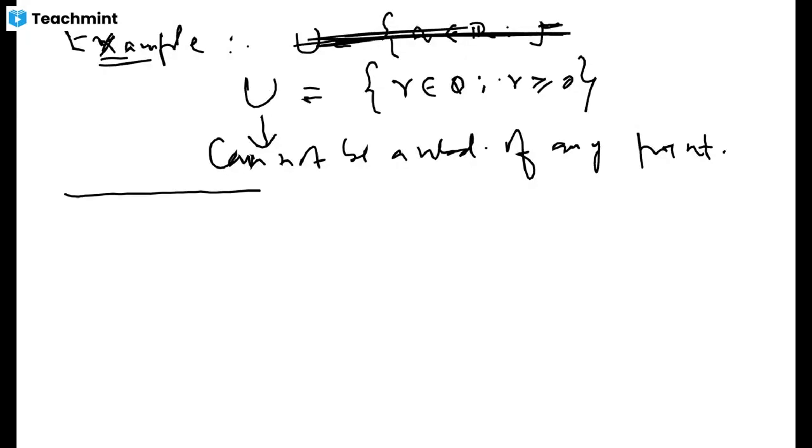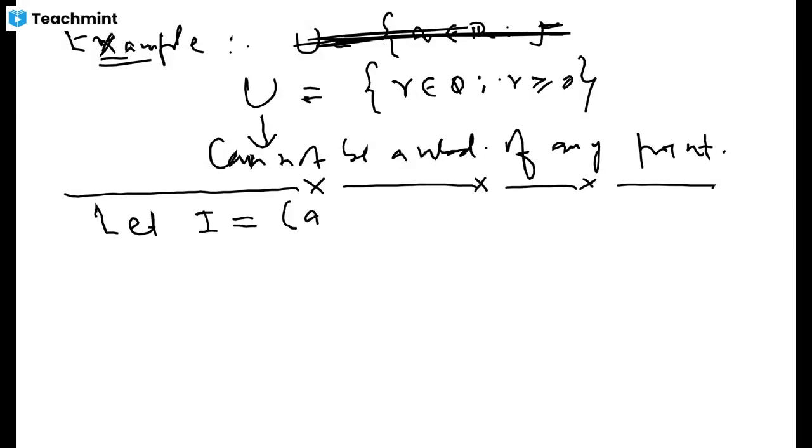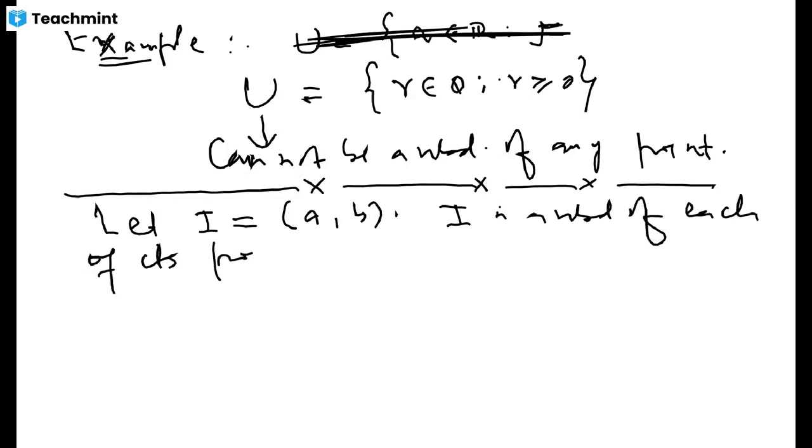Now I will go to the definition of an open set, but before that, I'm going to do an important thing. Let us take I to be an open interval (A, B), and I'm going to establish that I is a neighborhood of each of its points. How am I going to prove it?